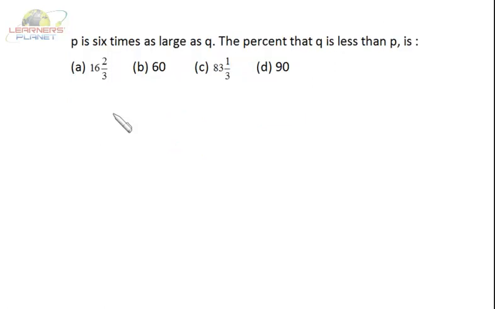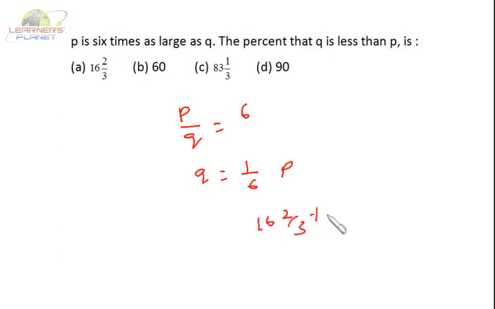Now in this question, P is 6 times as large as Q. That means P by Q is equal to 6. So we have to find out the percentage that Q is less than P. That means Q is 1/6 of P. Now what is 1/6? It is around 16 2/3%.